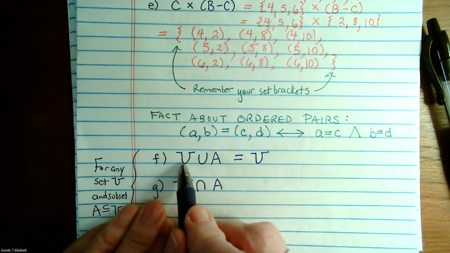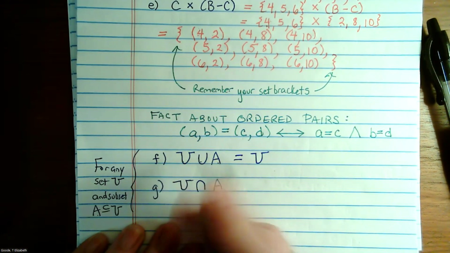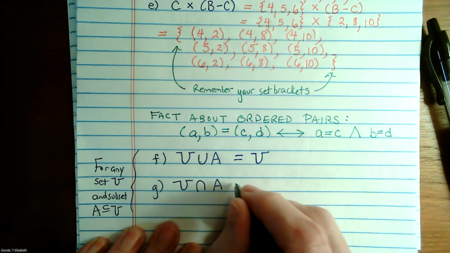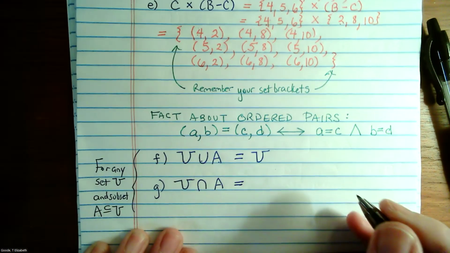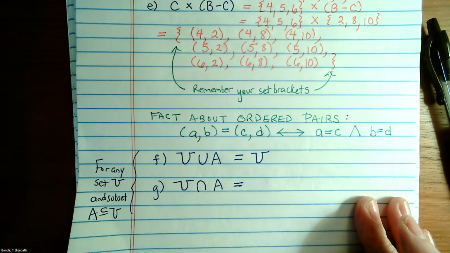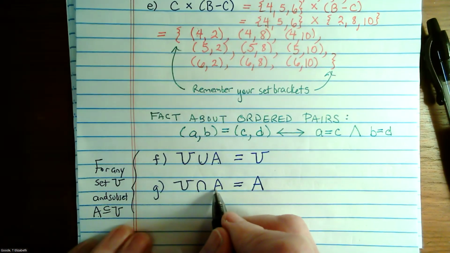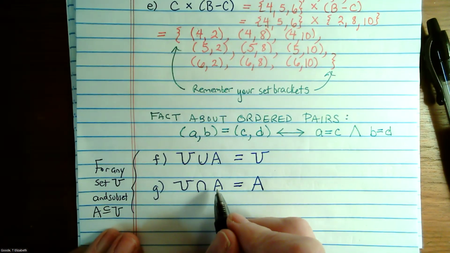And if an element is in the universe or in A, well, it's in the universe because the universe contains every element. Everybody with me? So what about the universe intersect A? Is it A? It is. It's A because A, presumably, is the smaller set.